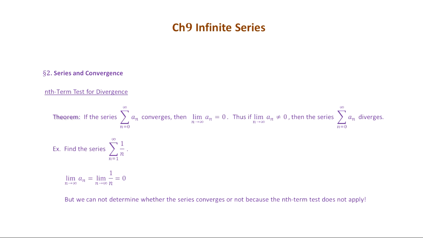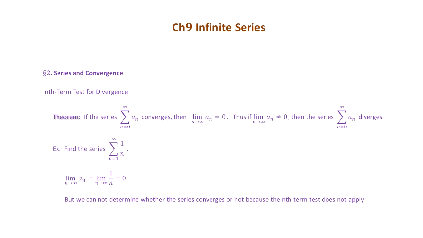It says if the limit of a_n is not zero as n approaches infinity, then the series diverges. But it doesn't say what happens to the series when the limit of a_n is equal to zero, whether it's convergent or divergent. It doesn't say.